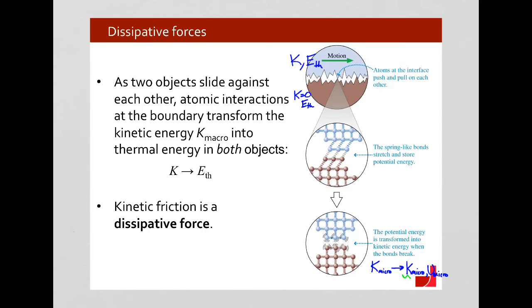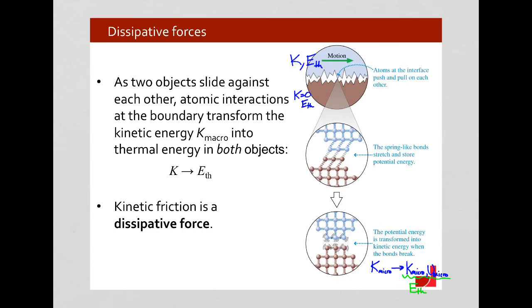Together, that is increasing the thermal energy of the system. Basically, both the object and the surface have increased thermal energy. Both of them are getting hotter because there's more molecular motion due to the interaction of these bonds.